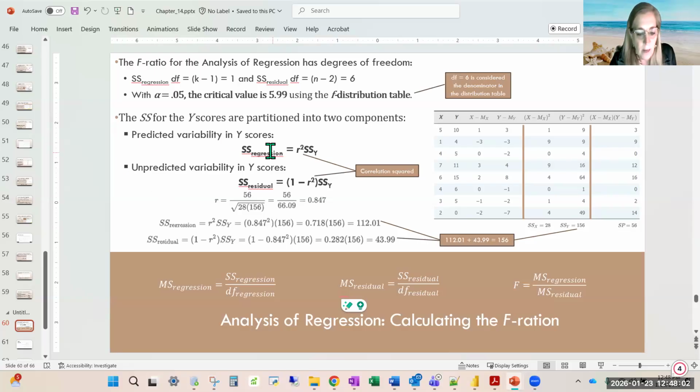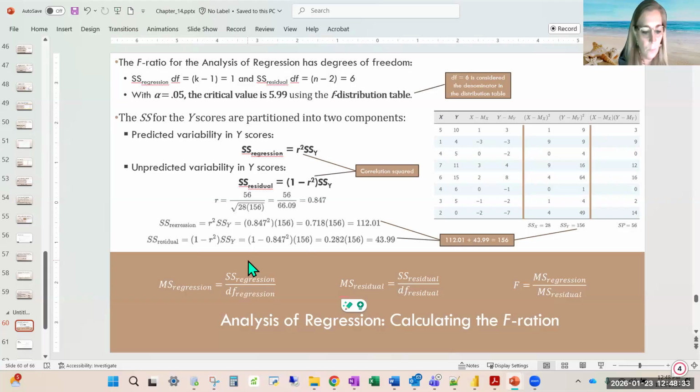Now we can plug that into these formulas. So we have R equals 56 over the square root of 28 times 156, and we obtain that from the sum of squares here, the 28 and 156. On top is the products of 56. So when you divide, you have 0.84.